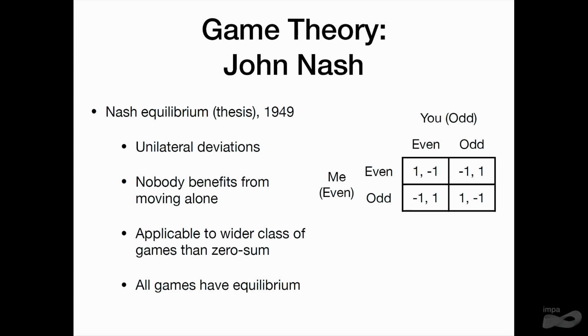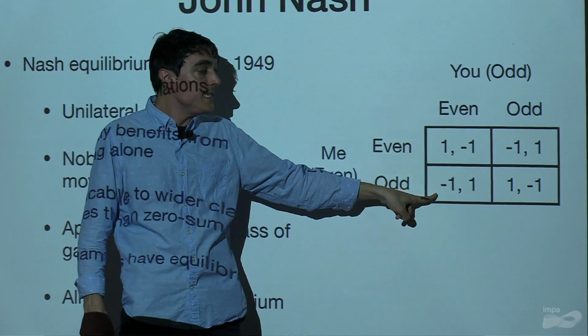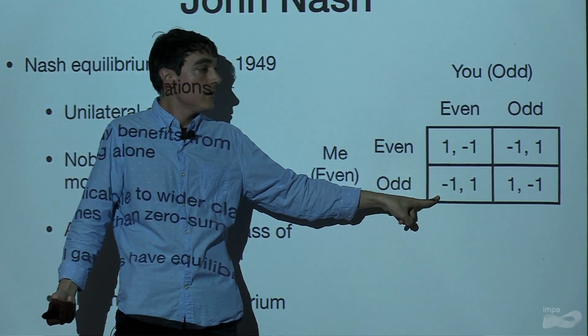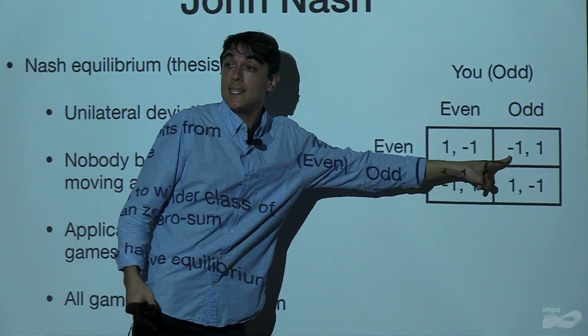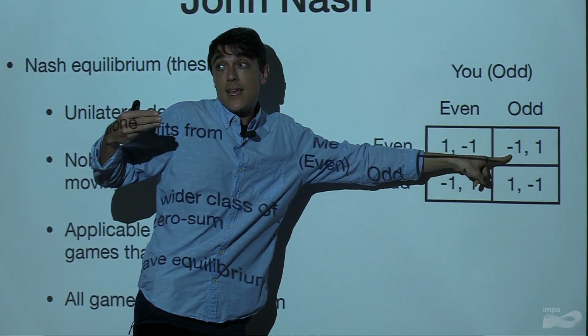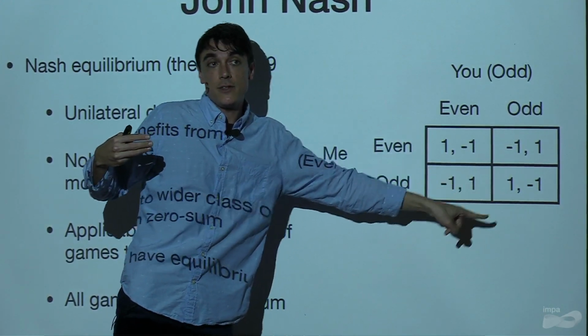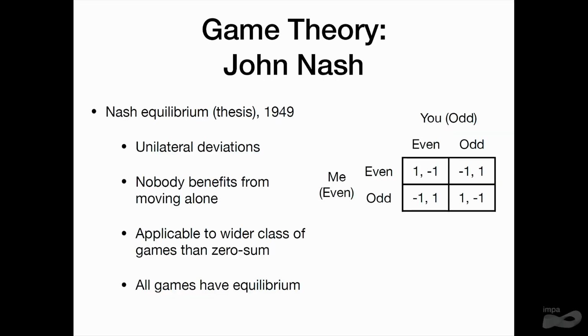So here, for example, if I know you're playing even, I would play even. There's no way I would deviate and play odd. But if I knew that you were playing odd, then I would deviate, right? It's in my unilateral incentive to deviate from this strategy. Right, so here I would move to there.